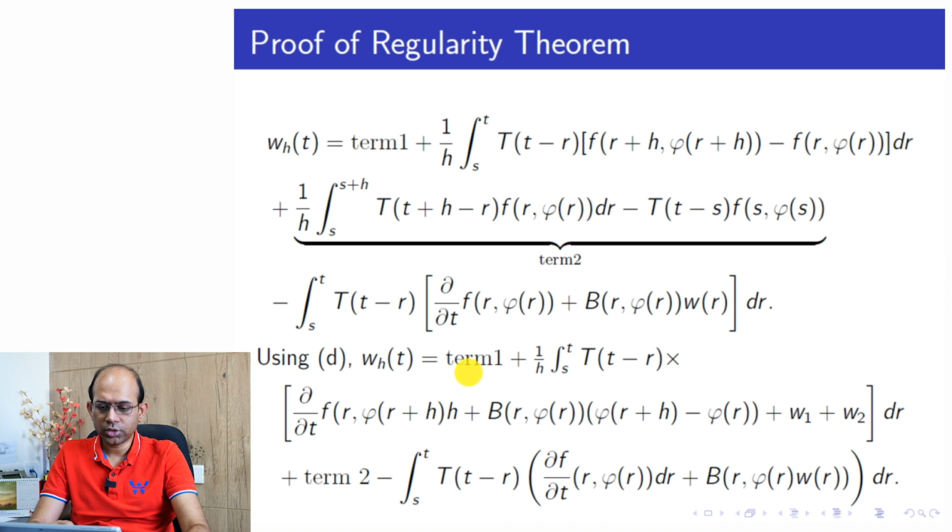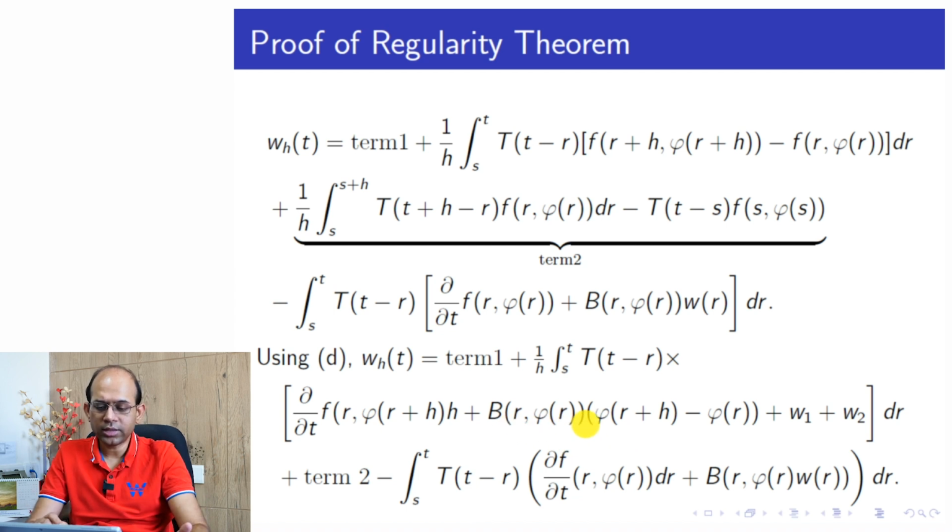So term 1 as it is, plus 1 over h, integration s to t capital T of t minus r, as it is, and now this difference is del t f times h. So this h would actually cancel with this 1 over h later. Plus now b r phi r, so this is the partial derivative with respect to time, and this is the derivative with respect to space.